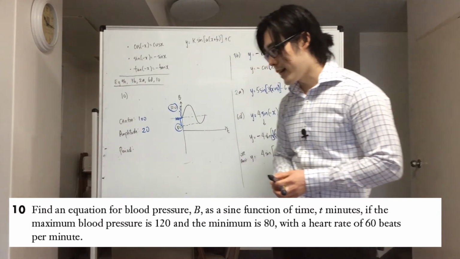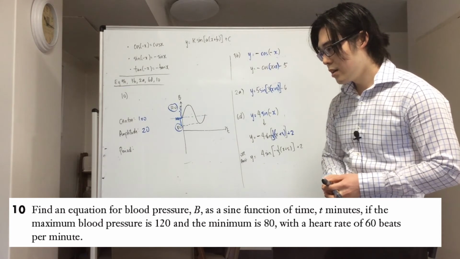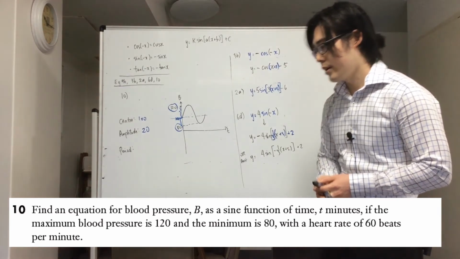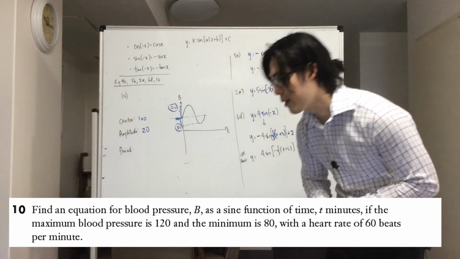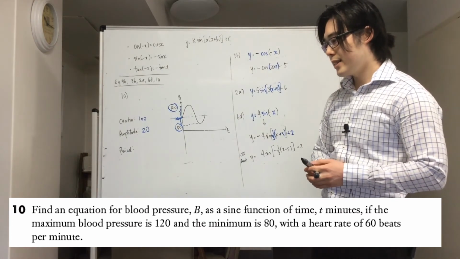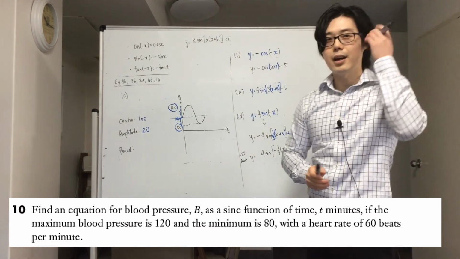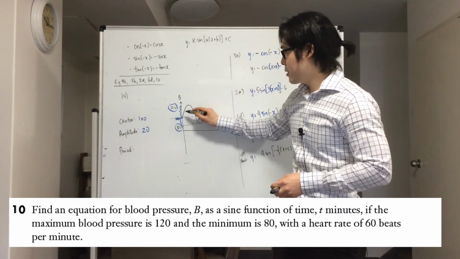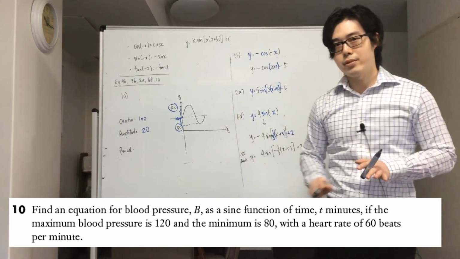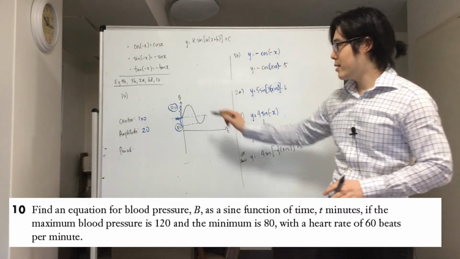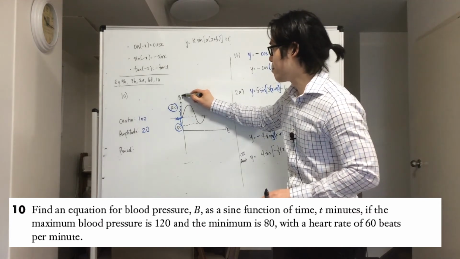Now this is the tricky part, the period. We need to use the fact that the heart rate is 60 beats per minute. I need to clarify something here. Girls, this graph does not represent a heartbeat. This graph represents the blood pressure.